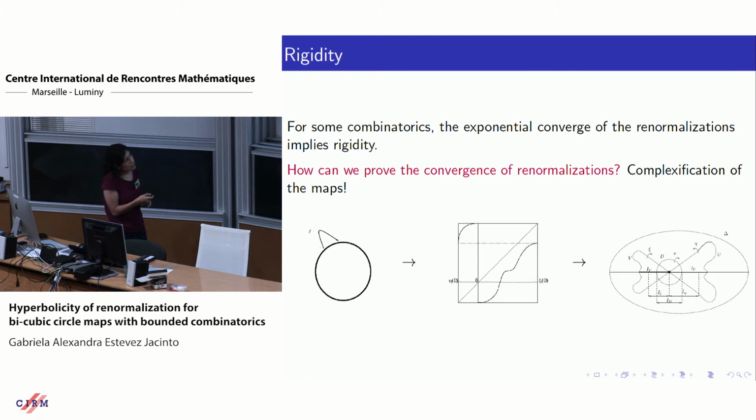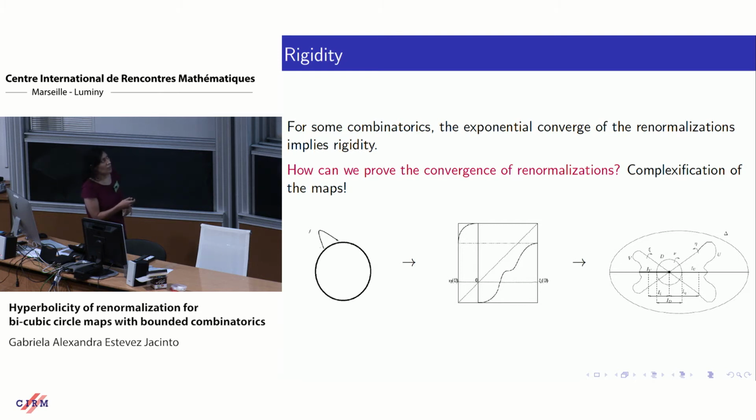This part here until here corresponds exactly to this interval, and this small interval here will correspond to this one. So the idea is to consider analytic extensions of these two maps, which will be something like this. So this will be the map eta.